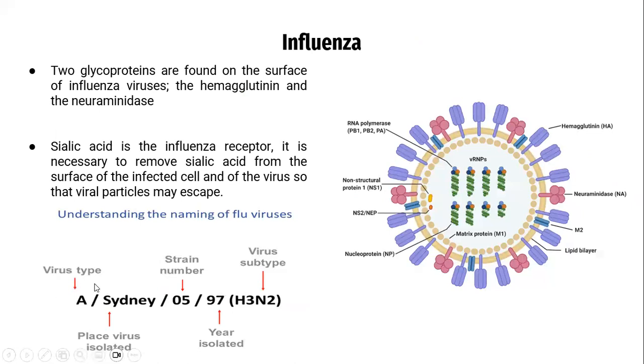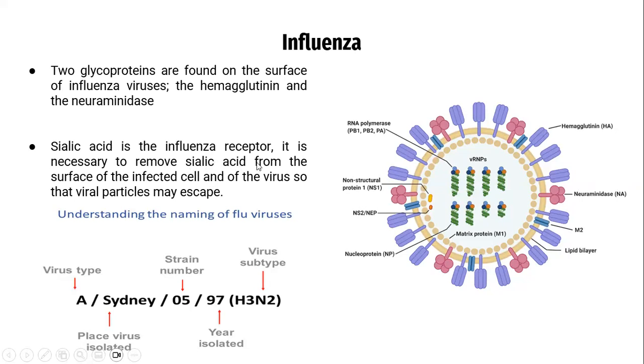Yeah. So influenza has these two receptors on the surface, hemagglutinin and neuraminidase. And for it to enter, the hemagglutinin has to bind onto the sialic acid, that's a receptor.